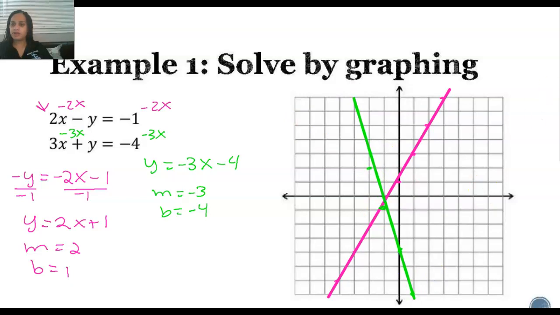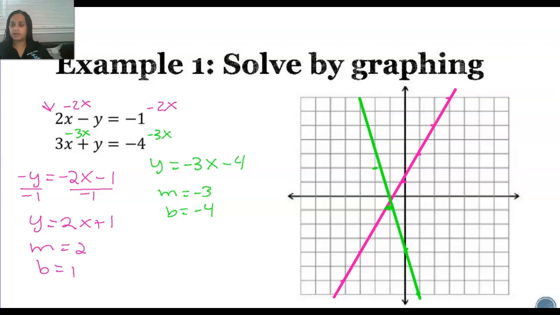But I noticed something pretty special: right here at this coordinate, I'm sorry, my graph is just a little bit off, but right here at this coordinate, the two graphs intersect, and that coordinate is negative 1, negative 1. So the solution to this is negative 1, negative 1. If I were to plug these values in, the x value and the y value, then you would notice that it would be true for both of these equations.